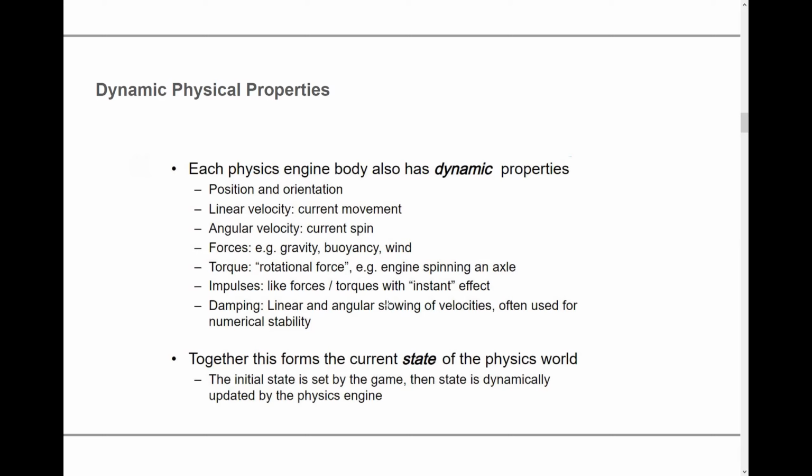Then forces, torque, impulses, all of these things come under the dynamic properties of a physics engine body. So the static properties and the dynamic properties together form the current state of the physics world.